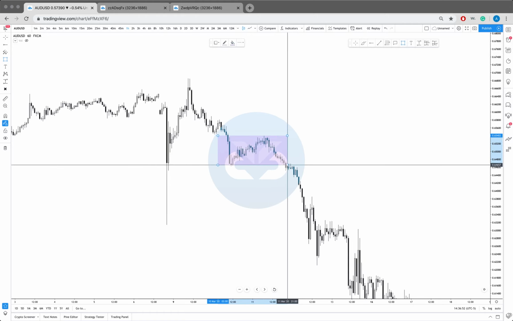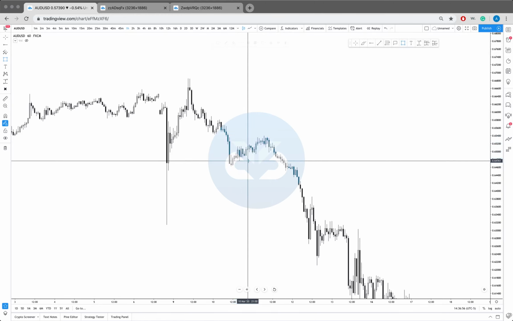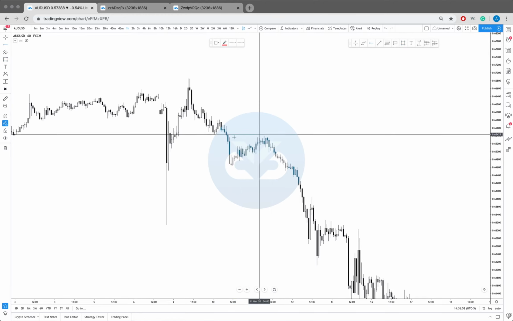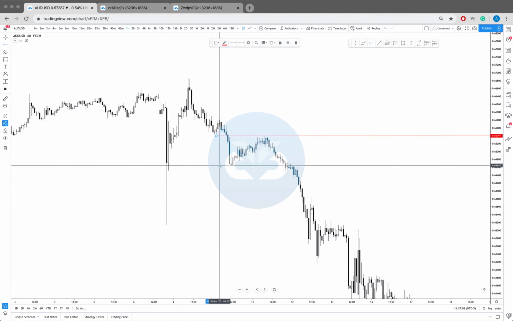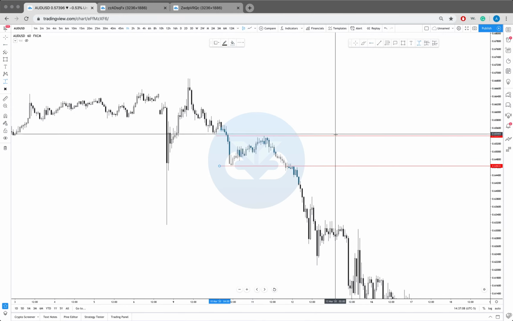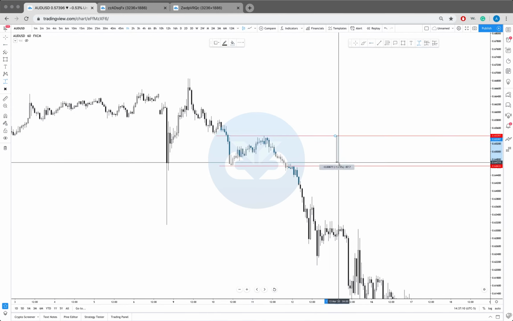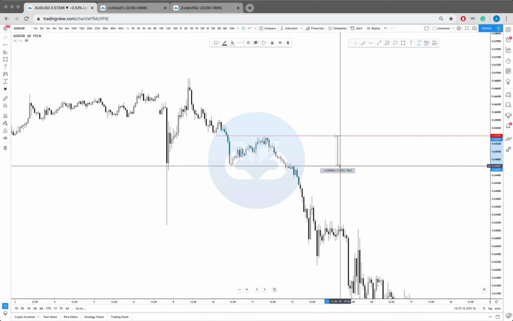All right, cool. So we're looking at this range right here, right? We're gonna point out that high there, and we're gonna point out this low here. So we're now stuck in a range, it's a 76 pip range, right?